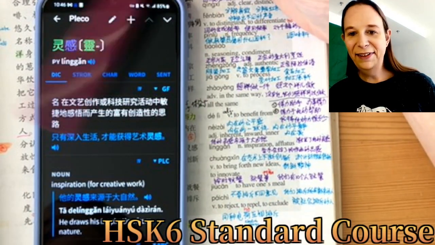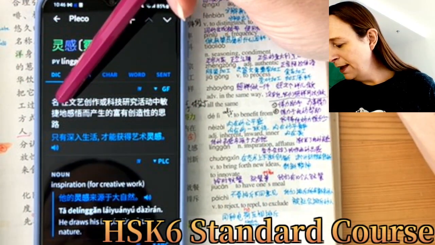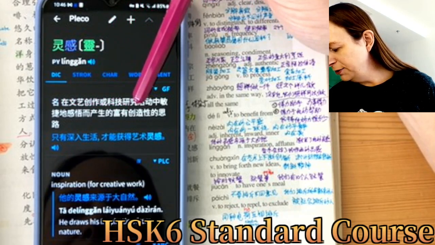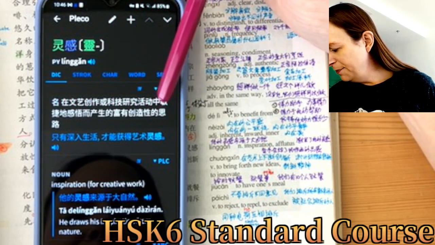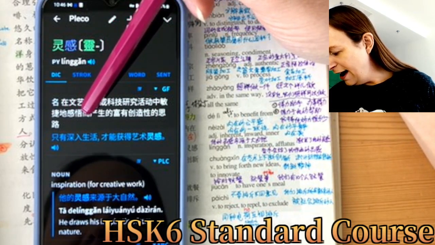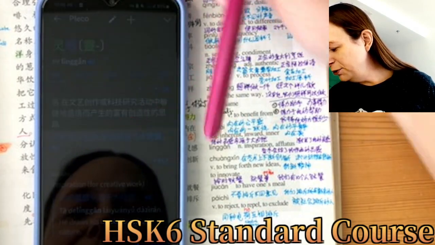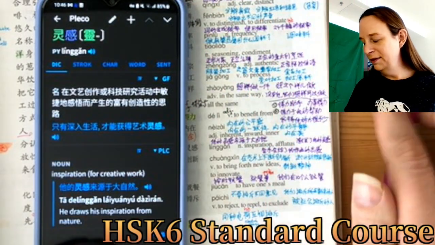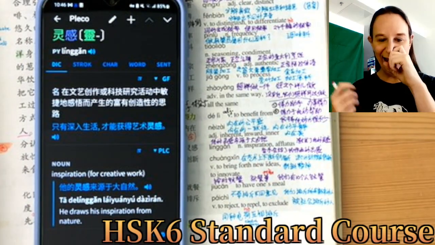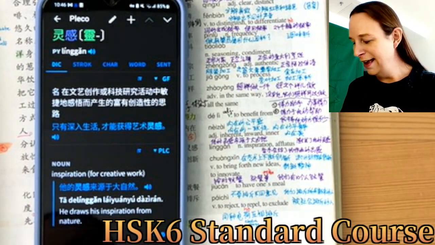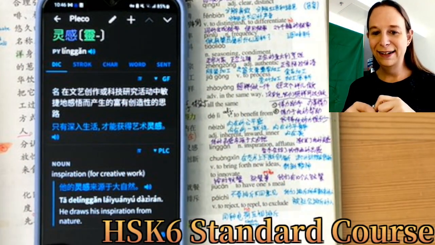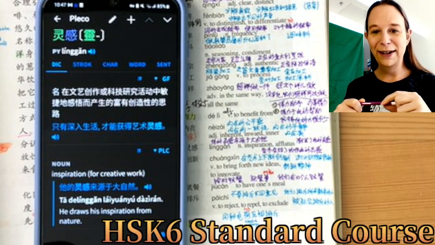So yeah, scientific and arts. 在文艺创作和科技研究活动中敏捷的感悟而产生的富有创造性的思路。All right, so yeah, in the arts, you can have inspiration for your novel, and for example, in the sciences, you can have inspiration like an apple falling on your head.